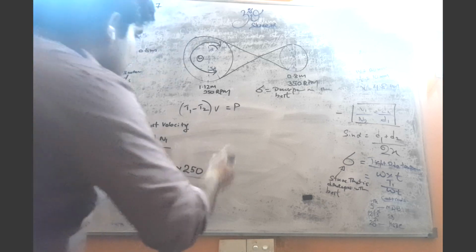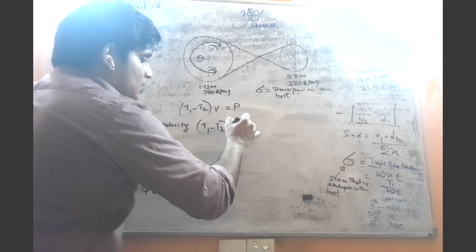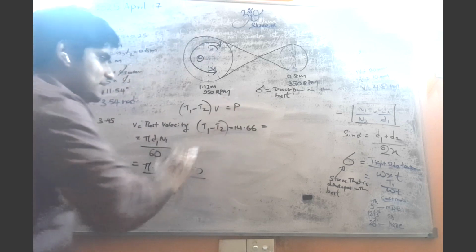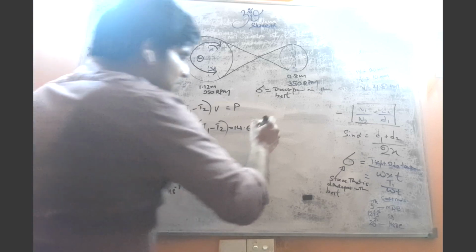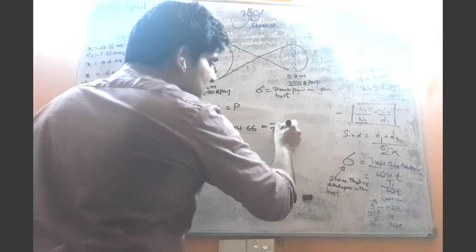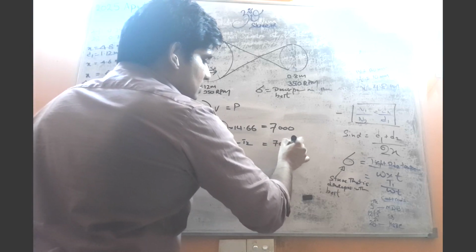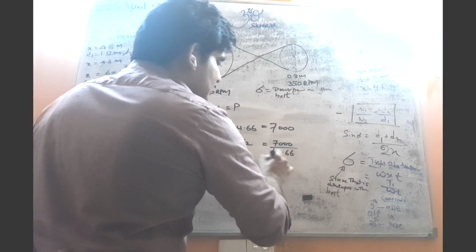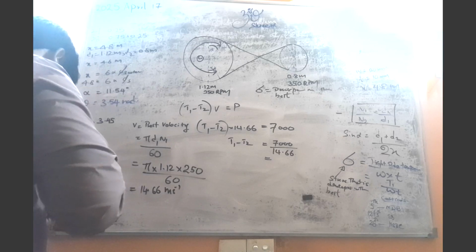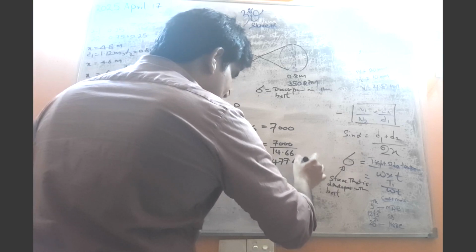Now we can continue with this equation: T1 minus T2 times 14.66 meters per second equals the power transmitted by this belt drive system, which is 7 kilowatts. With proper units we have to keep it in watts, so 7 kilowatts means 7,000 watts. So T1 minus T2 equals 7,000 divided by 14.66, which is 477.49.